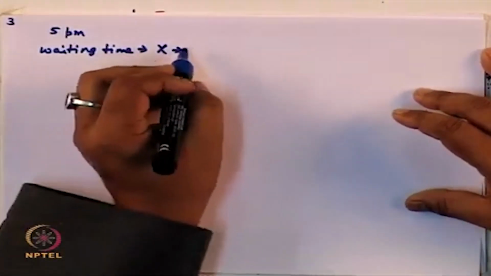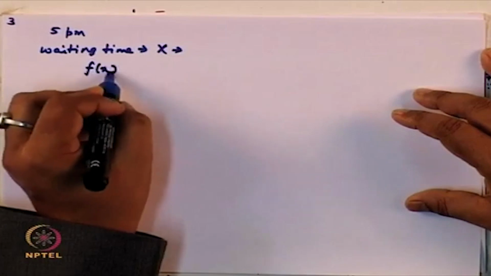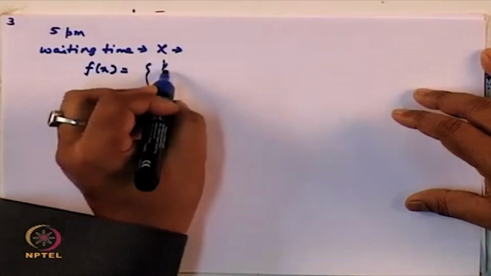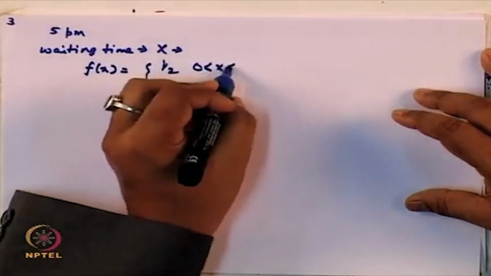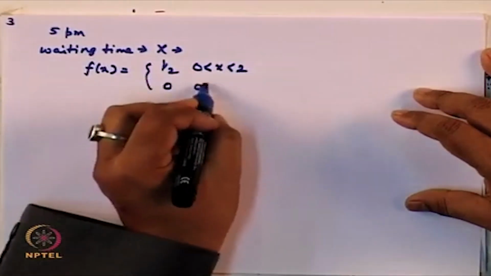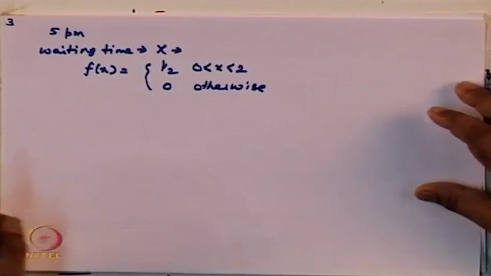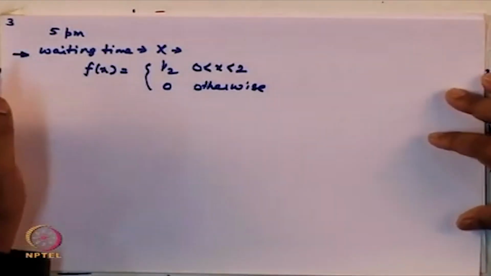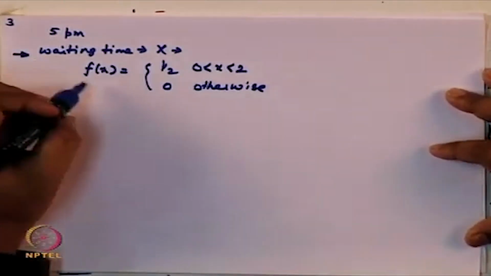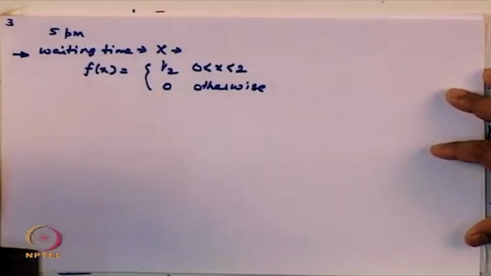It follows the probability distribution f of x given by a half between 0 and 2. So, the waiting time x is a continuous random variable which follows the probability distribution as follows.